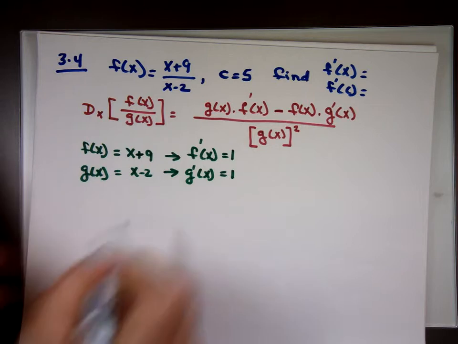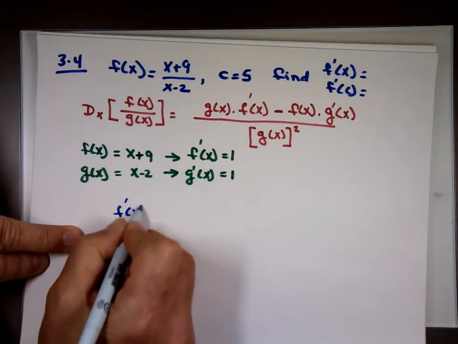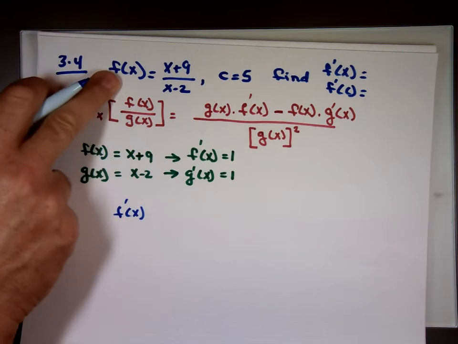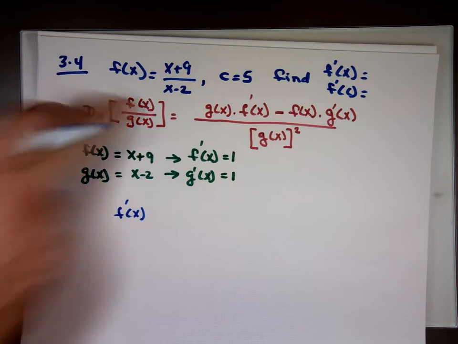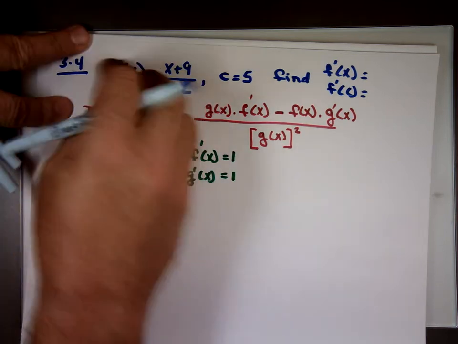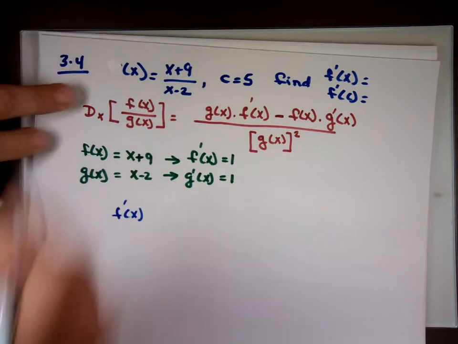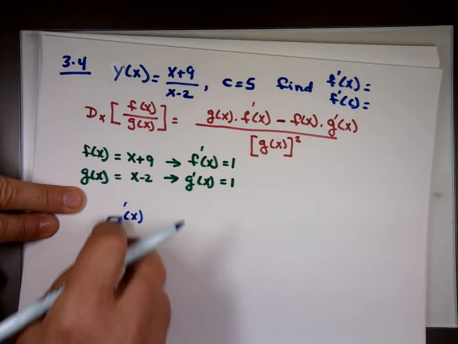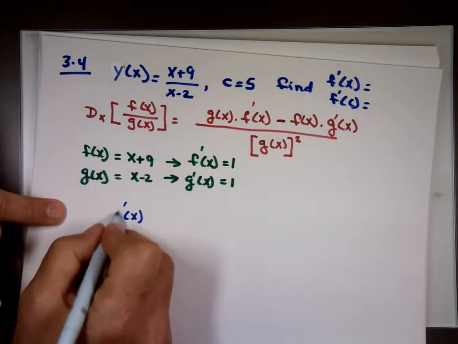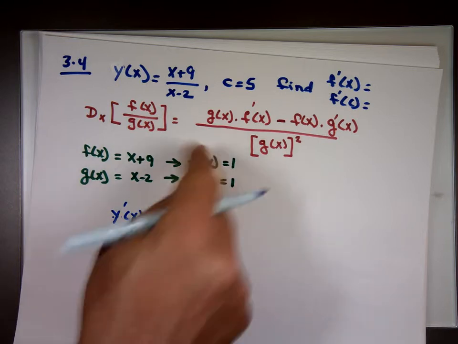This is g of x, so f prime of x. Well, I shouldn't call it f prime. Let's call it y here, because I'm calling the top f, so you don't mix up the notation. I'll call this y. So y prime of x, or dy dx, is going to be g times f prime.